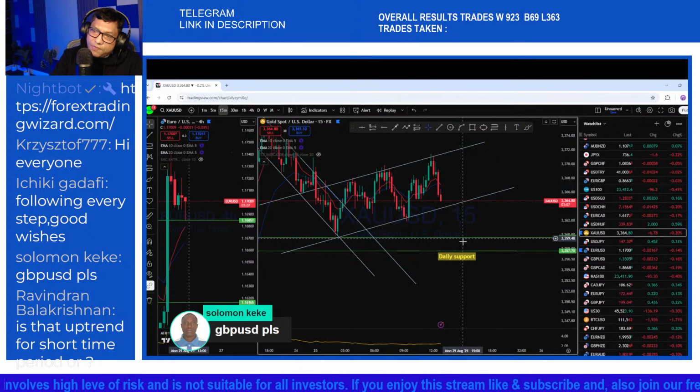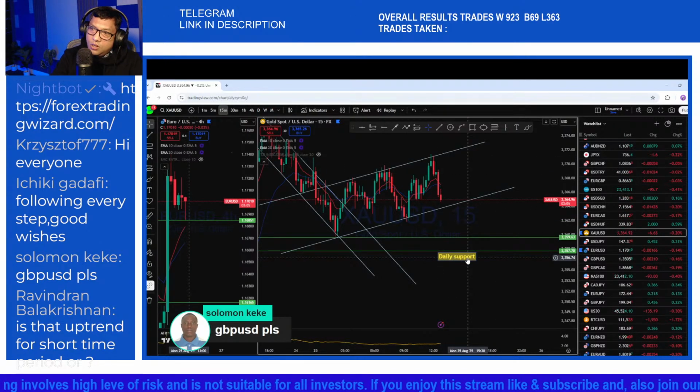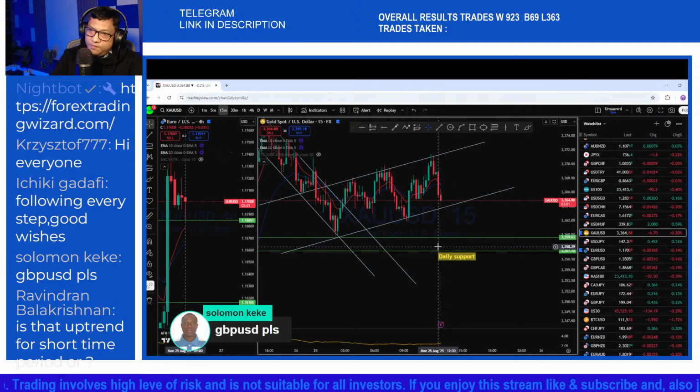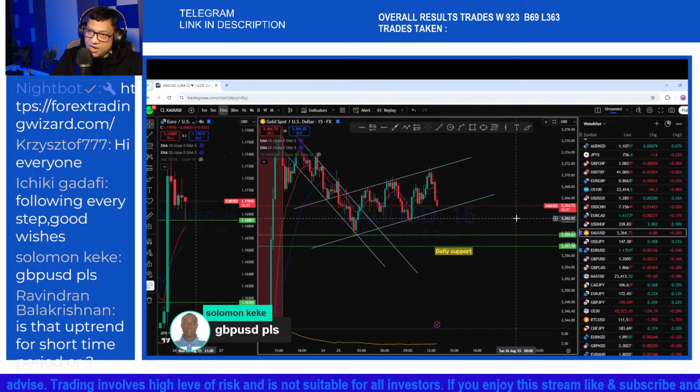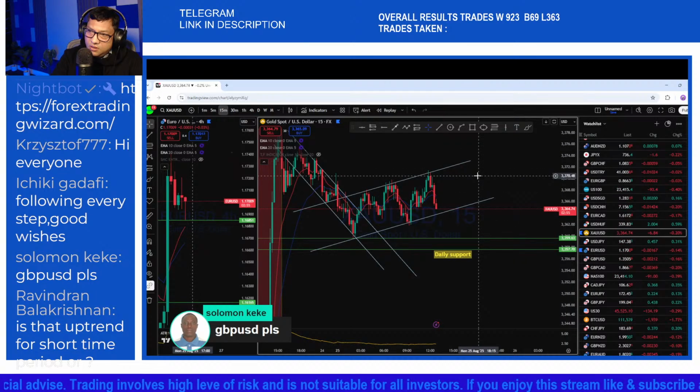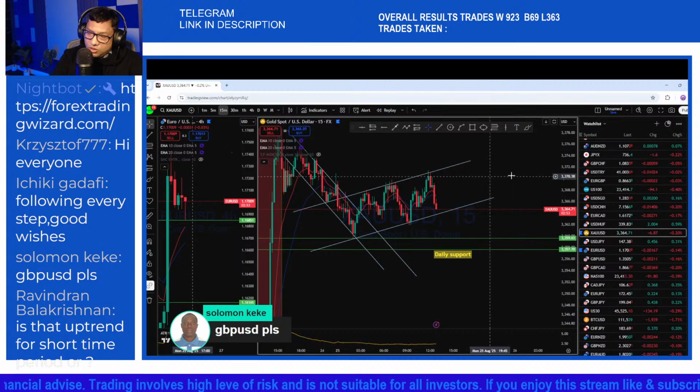And that being said, expecting the market now to move back well below this level and then to revert back again to the upside here for another move to the upside.